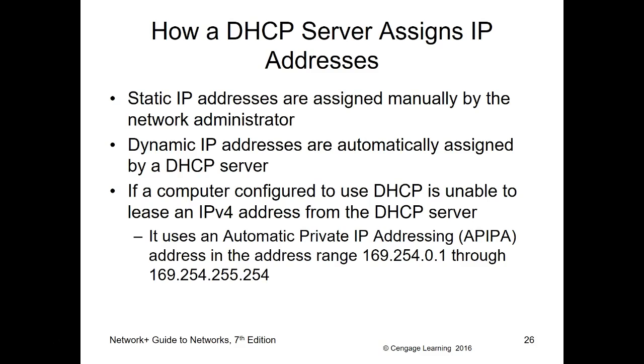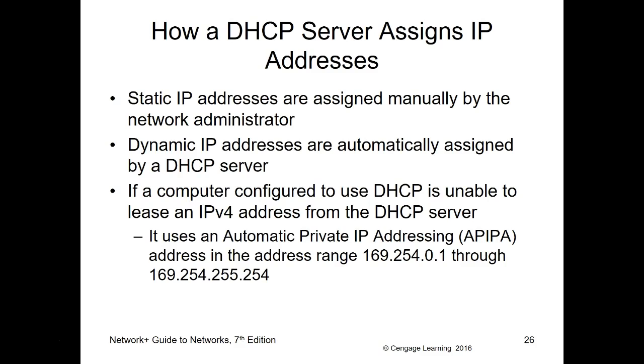And so one of the things I can use as a really quick troubleshooting tool, if I get on a computer and it doesn't have internet, and I do an IP config, and I see that the IP address it uses starts with a 169, I go, aha, it's not able to contact a DHCP server.